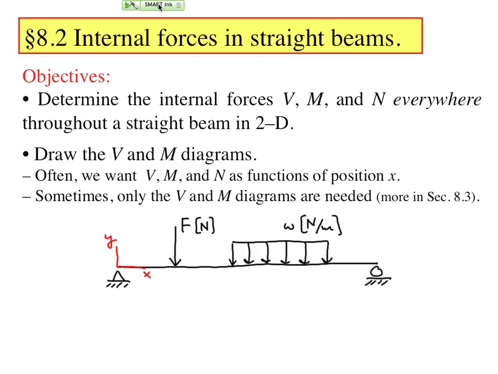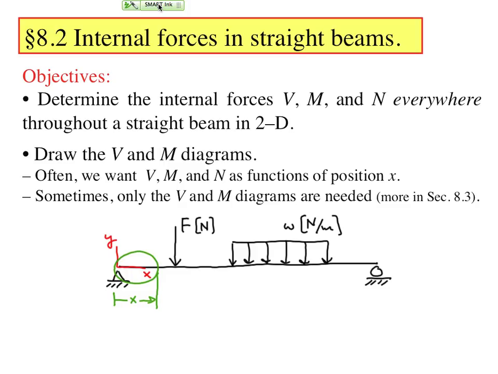When we isolate a section of the beam, we are capturing everything between the origin and the local position. In this sense, x also represents the size of the enveloping surface used as the basis for the free body diagram.